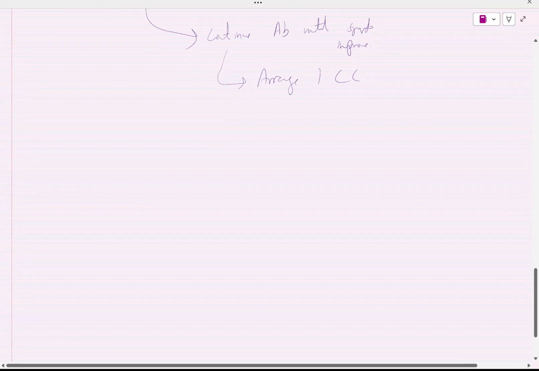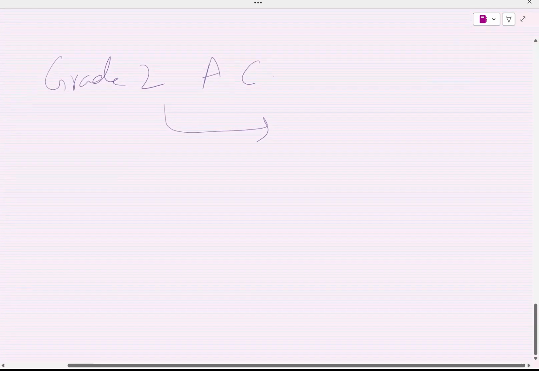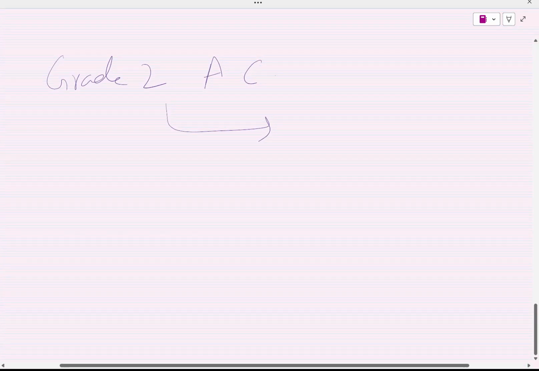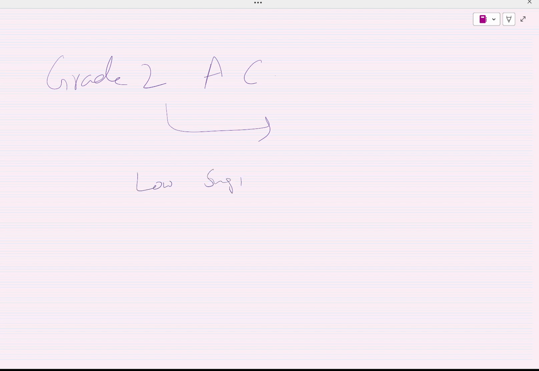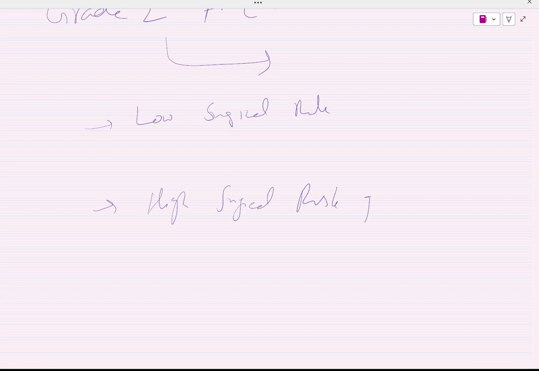If a patient comes to you with grade 2 acute cholecystitis, and you give initial management and the patient's condition improves, the patient may be in the low surgical risk group or the high surgical risk group.